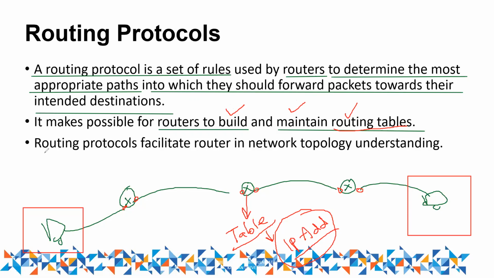The third, routing protocols facilitate routers in network topology understanding. Network topology understanding means what? Let's assume this is router 1. Who will help this router 1 to understand how many routers are connected?